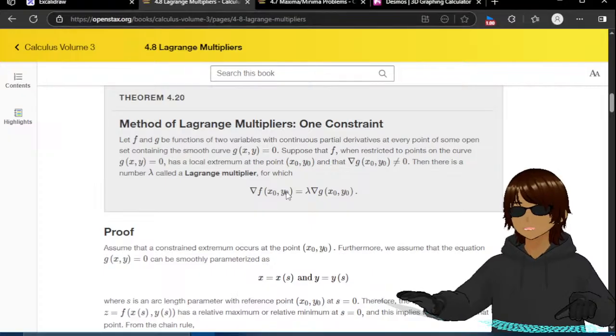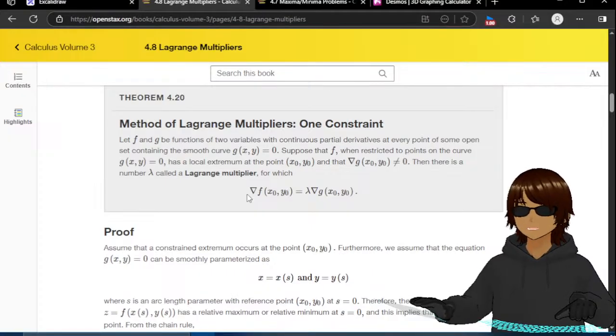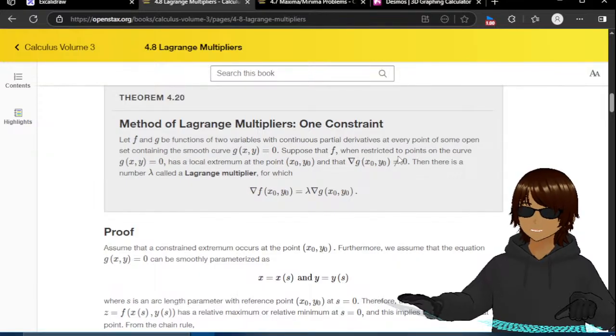Let f and g be functions of two variables with continuous partial derivatives at every point of some open set containing the smooth curve. Suppose that f, when restricted to points on the curve g of x, y equals 0, has a local extremum at point x naught, y naught, and that grad g is not 0.